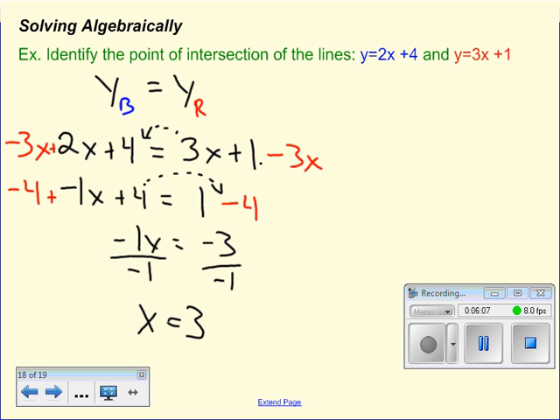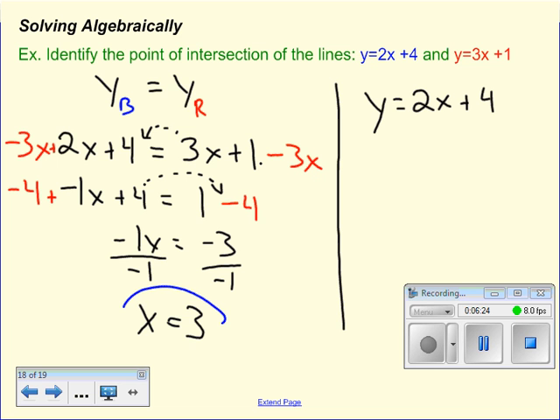So from here, I just choose one of my two equations, and I'm going to choose the blue equation, y equals 2x plus 4. I'm going to substitute this x equals 3 value into the equation.